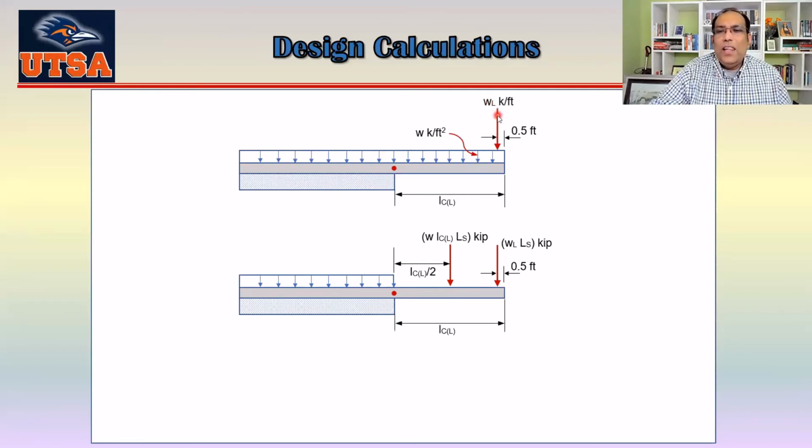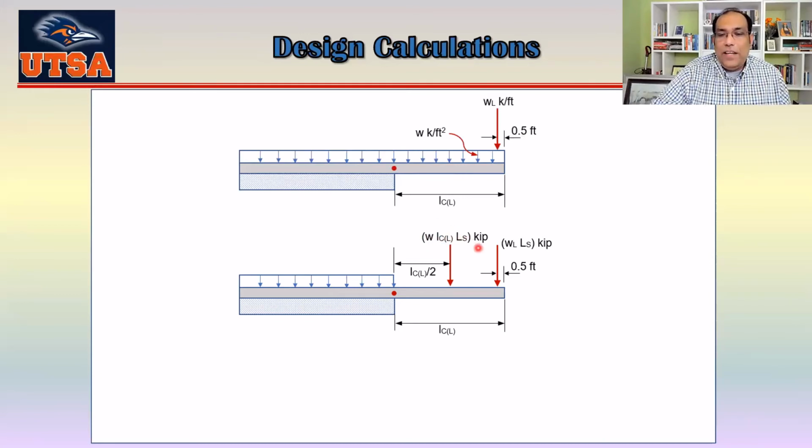So if I say this is WL per feet, the total would be WL into LS kips total, right? Similarly, if I change that uniformly distributed load, which is W, from here to here is LC, and in the other direction is LS. So the total load would be W into LC into LS.